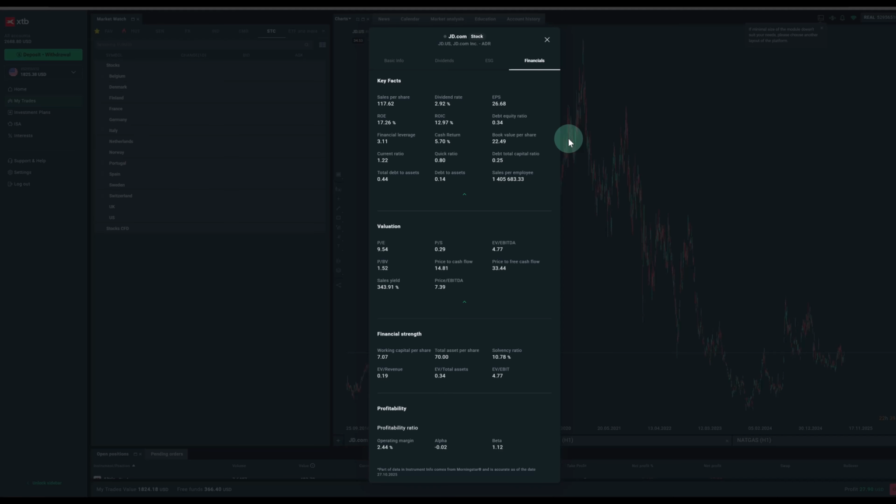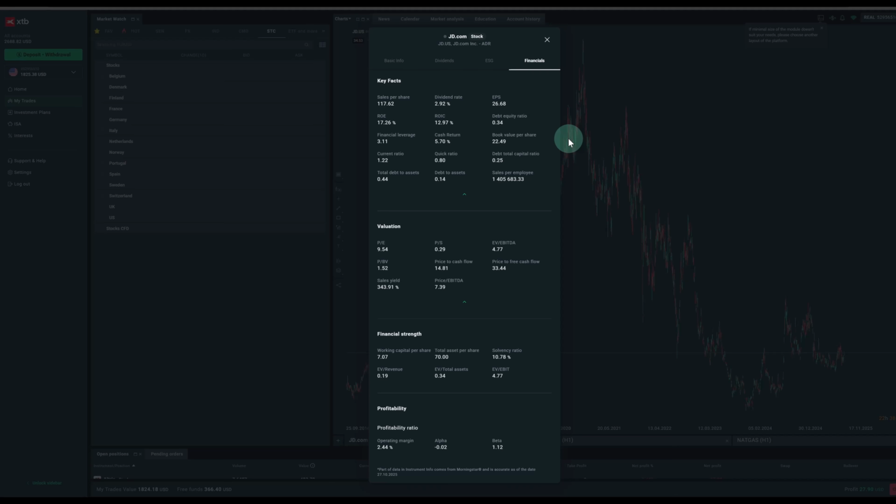Price to sales, 0.29. For every dollar of revenue, the market values JD at just $0.29. So it's an incredibly cheap valuation for an established profitable company. EV to EBITDA 4.77 confirms, in my view, the same story.